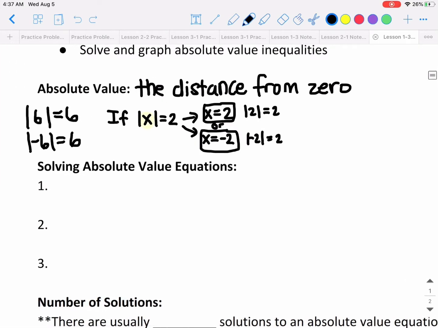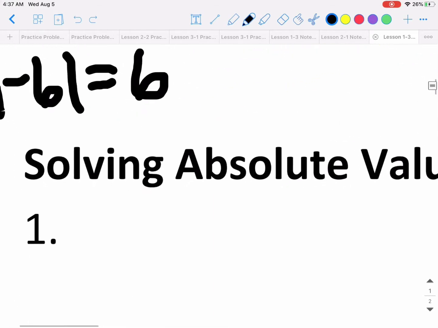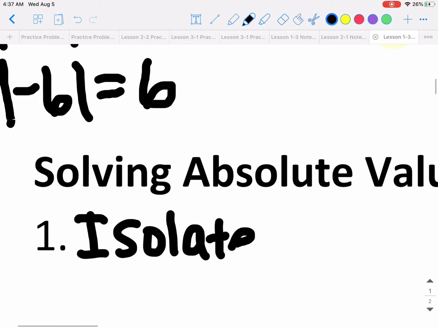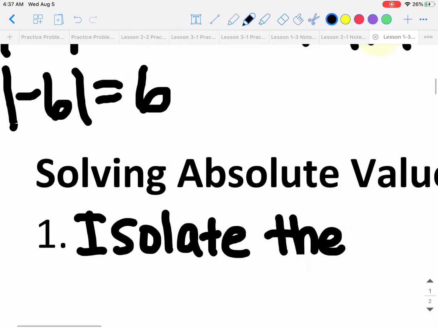That brings us to our next point, which is solving absolute value equations. The first step to solving absolute value equations is always to isolate the absolute value. So you want to get that absolute value by itself.